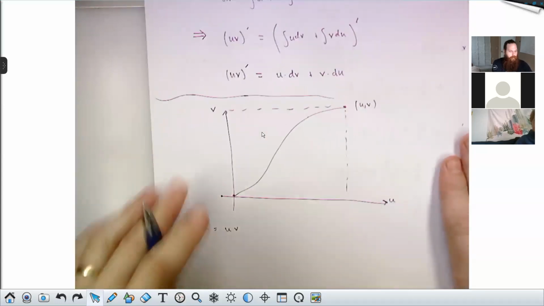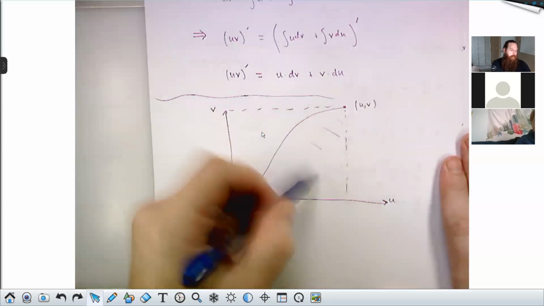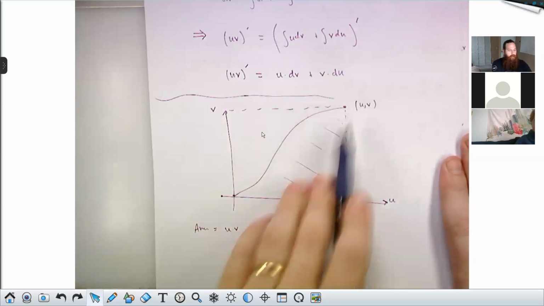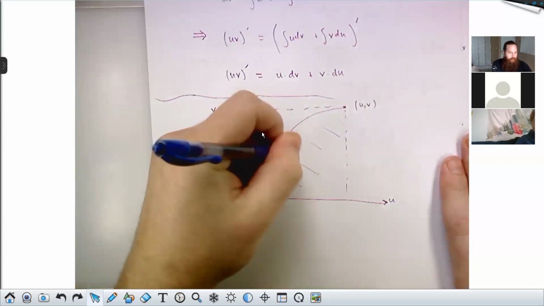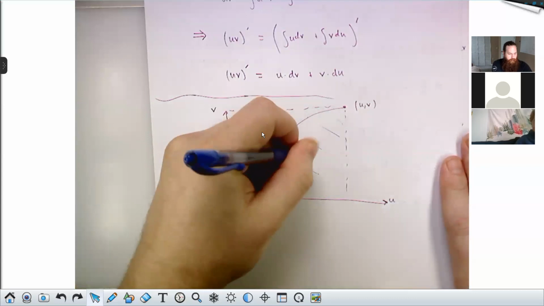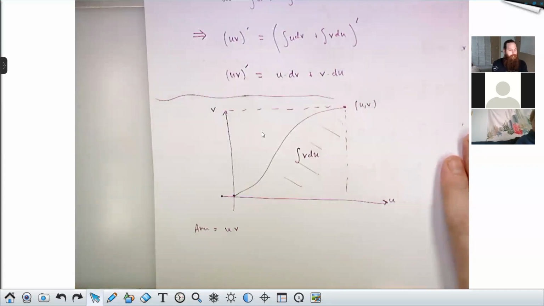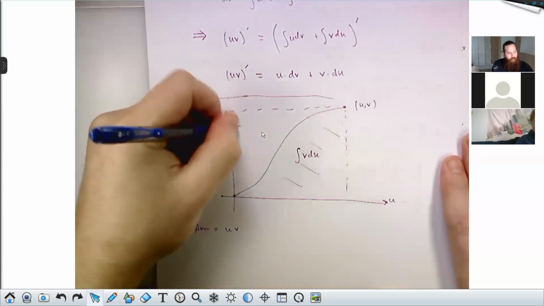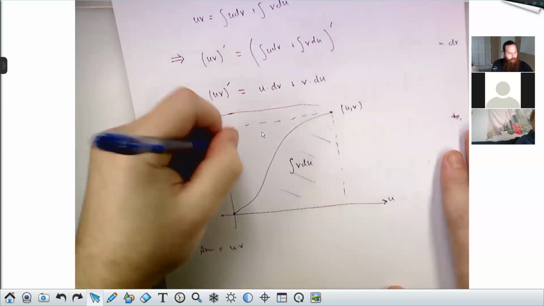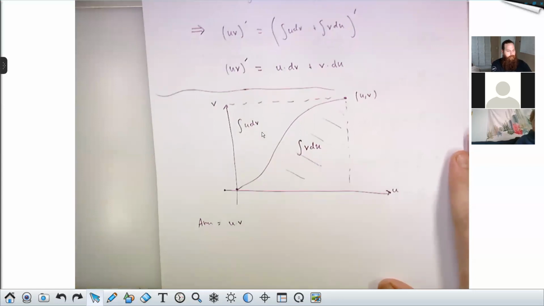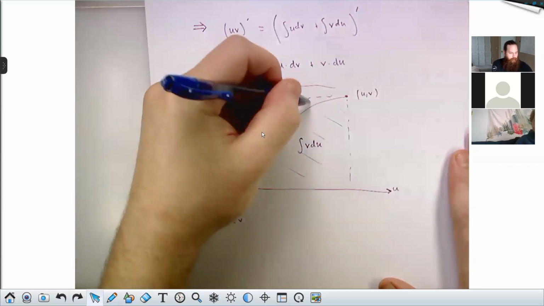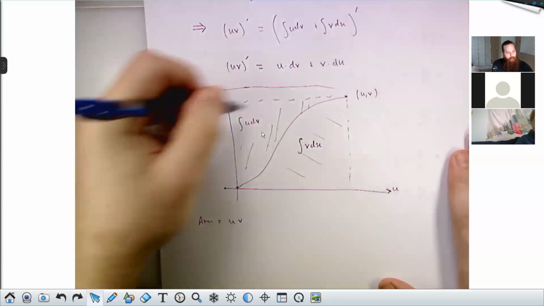On the other hand, if I think of this area down here as coming from the integral of this curve taken with respect to this variable, then this piece is the integral of v du. And this piece over here I could think of as the integral of u dv. So u times v, the total area, would be equal to the sum of those two integrals.